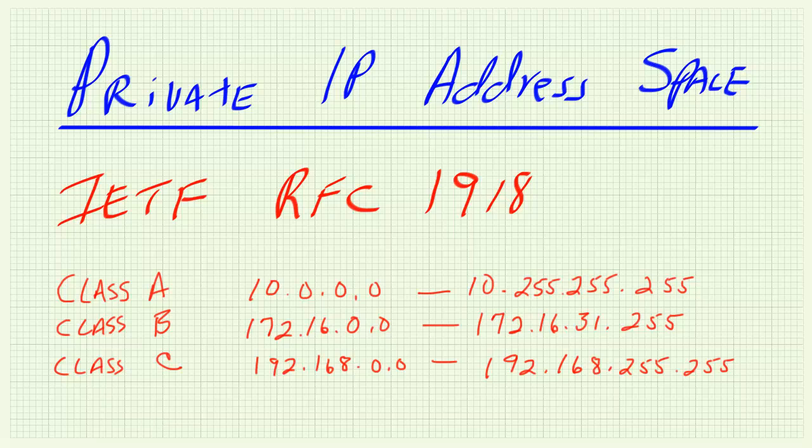Yet IPv4 continues to be alive and well because organizations can use many private IP addresses on their private networks and then access the Internet via a gateway with only one or just a very few public IP addresses. So it's this combination of the private IP address space combined with network address translation, or NAT, that has extended the life of IPv4 far longer than would have been thought possible some years ago.